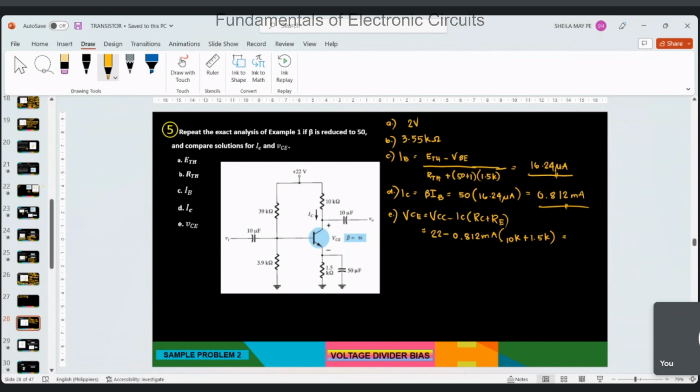So that would be 12.66 volts. Is that correct?